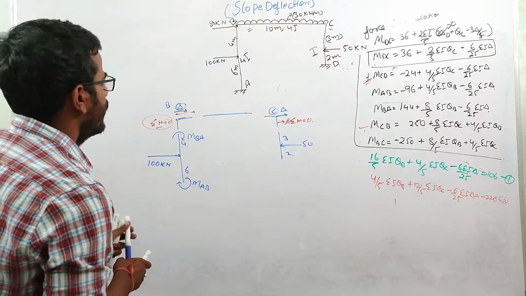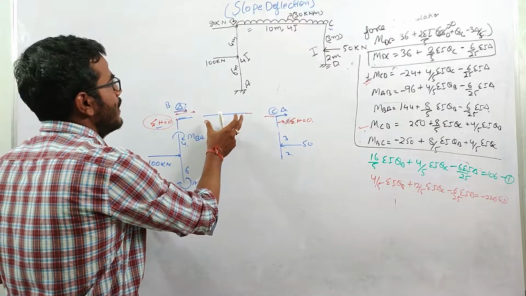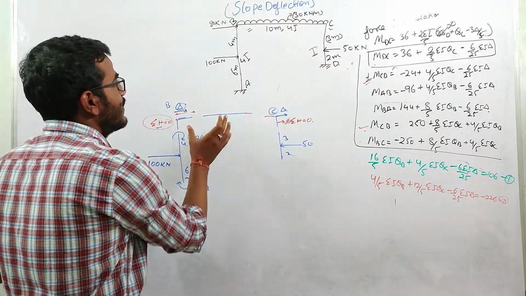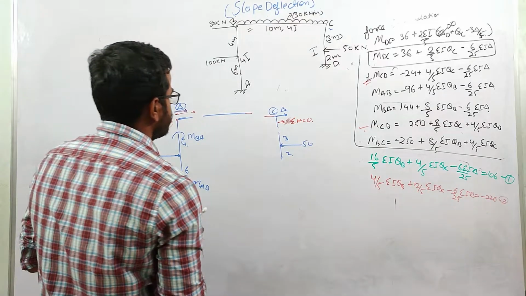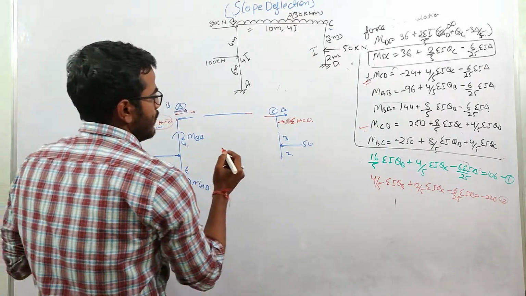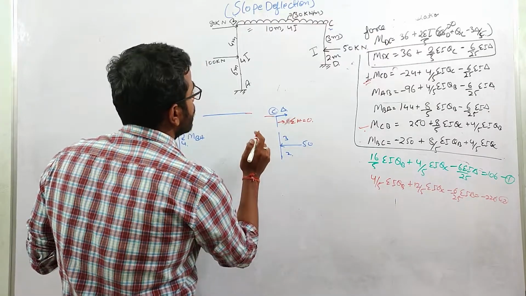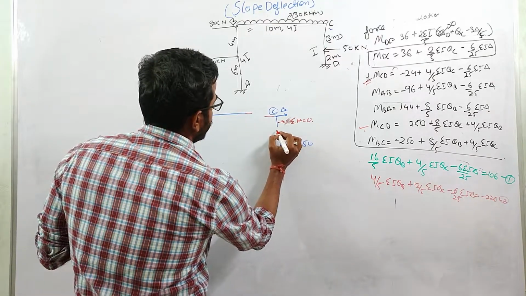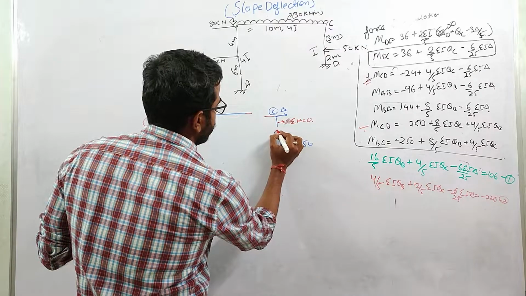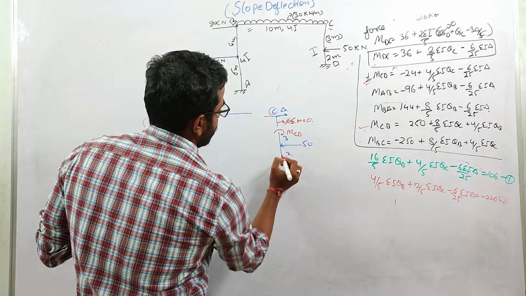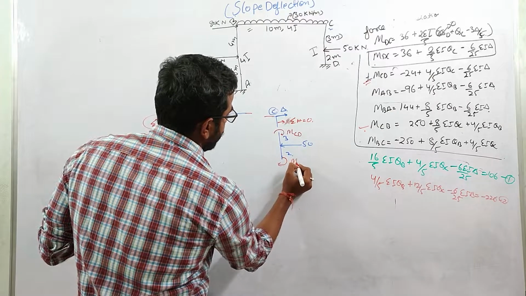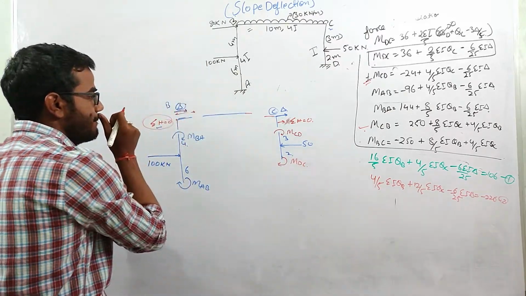I'm not taking load from this position. Why? Because it won't result in any horizontal reaction. Now at this point also there will be one end moment which is MCD, and here also one end moment MDC.